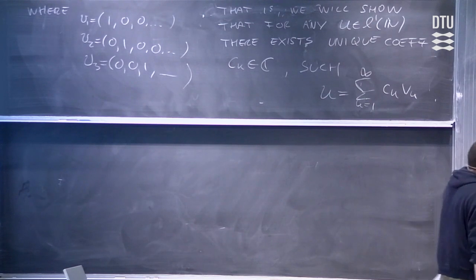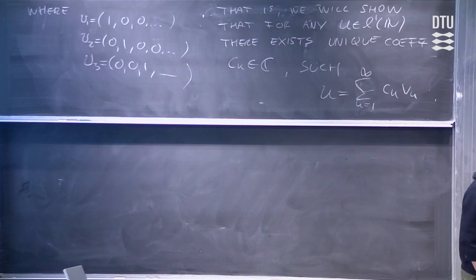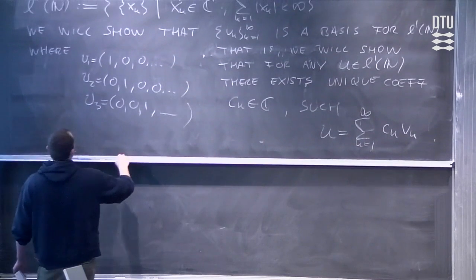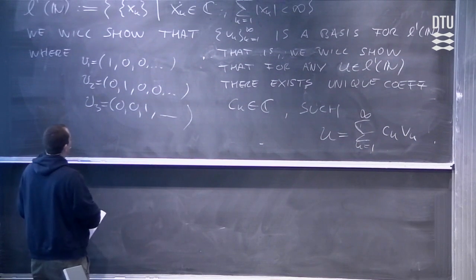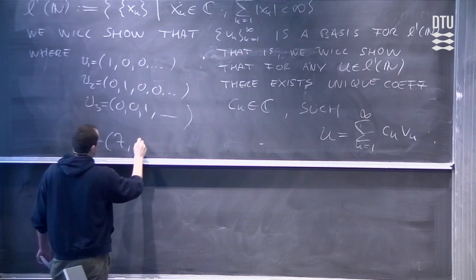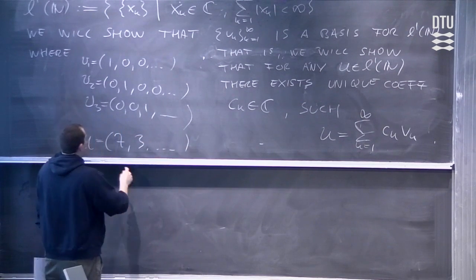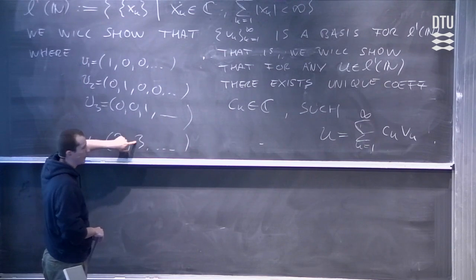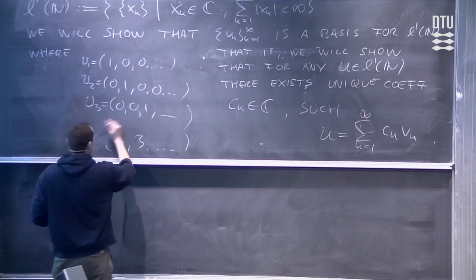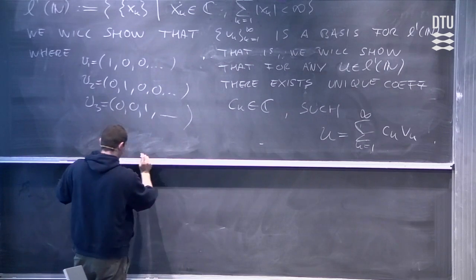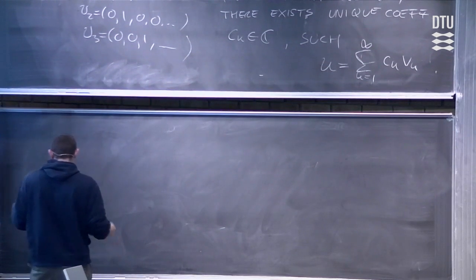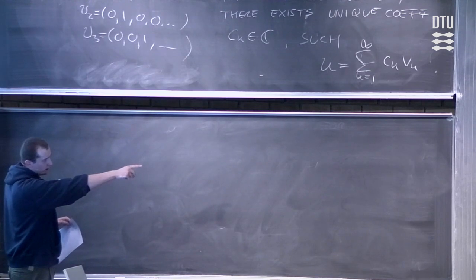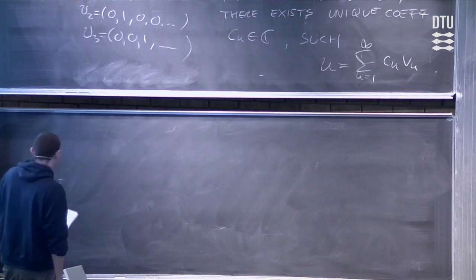This is obvious, because if we take any sequence u, let's say 7 again, so let's take u equal to 7, 3, and so on. Then of course we have to choose the first coefficient to be 7, and the coefficient for the next vector to be 3, and so on. So it's clear that there should only be one way of choosing the coefficients, but we still have to be a little bit more precise when doing the proof, because we have to consider the definition of the convergence via this finite sum.